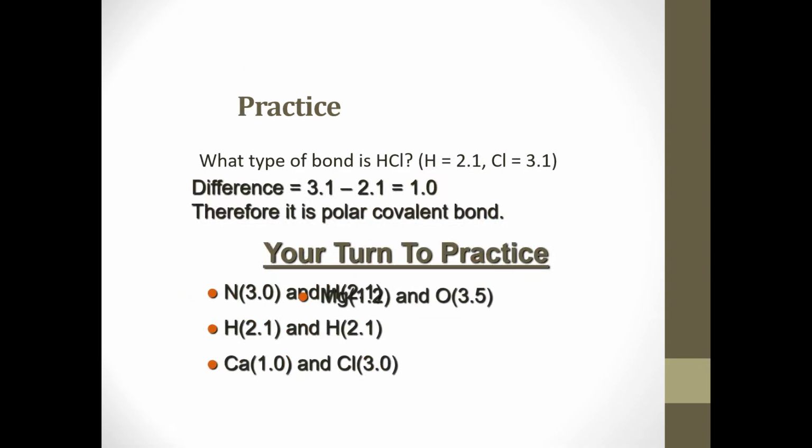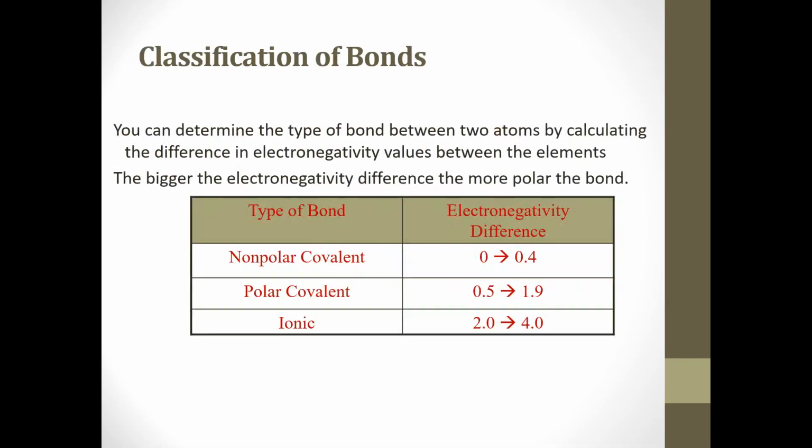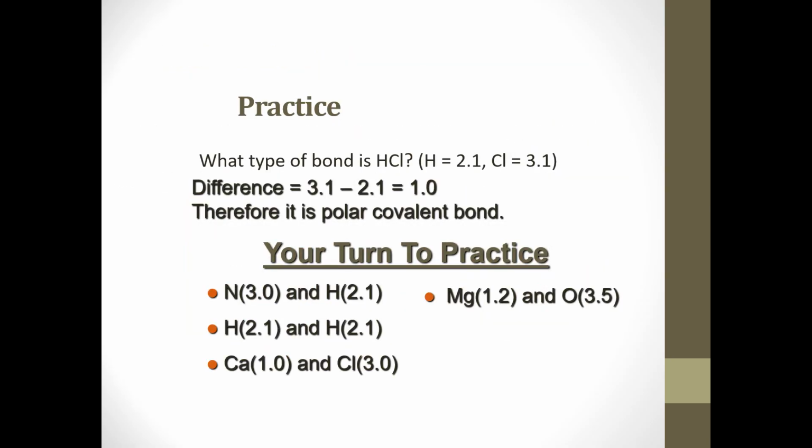Couple more. What about magnesium and oxygen? Magnesium is at 1.2, oxygen is at 3.5. The difference is 1.3, or sorry, 2.3. So I go back to my table, I look at it, and I say 2.3, that also falls in the ionic category. And again, big surprise, I'm looking at the relationship between a metal and a nonmetal.